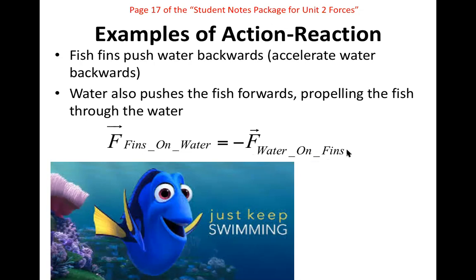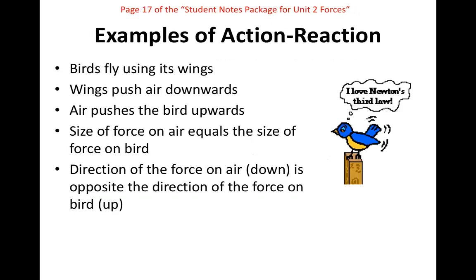They're the same size and opposite direction. Another example, it's similar. It's how birds fly. So birds fly using their wings, and their wings push down on air, and the air pushes up on the bird. Mathematically, the force of the wings on the air equals negative force of air on wings.